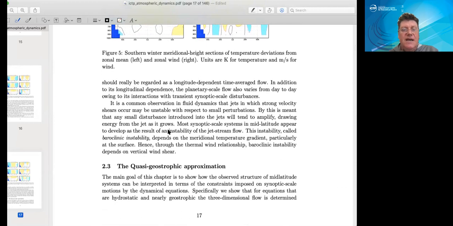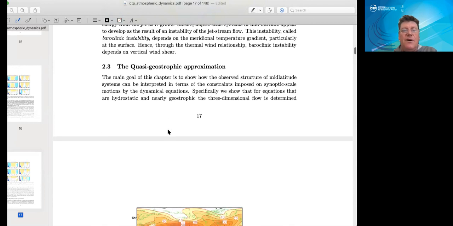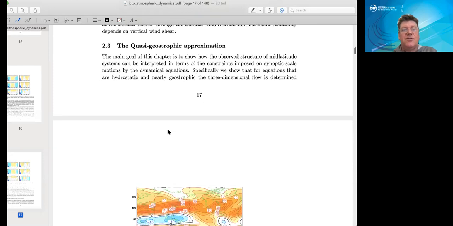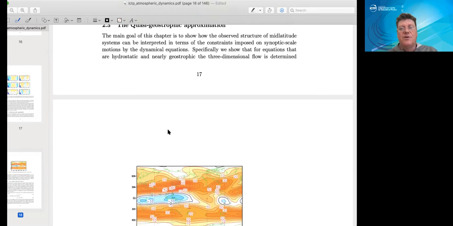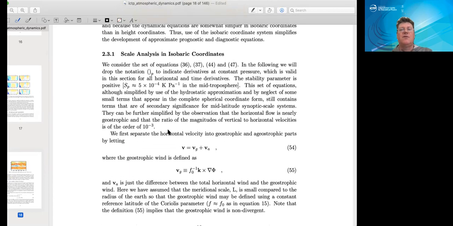Now, before discussing the details of these Rossby waves, we want to revisit the geostrophic or quasi-geostrophic approximation. We have used this already in principle, but this is now a little more systematic way to do it.